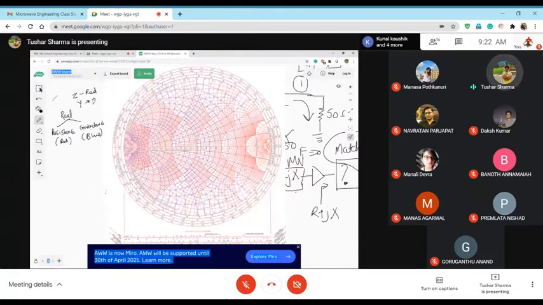Then the imaginary part also has two things. With resistance, it's always, oh sorry, not admittance, with resistance it's always reactance, and that is given by red.